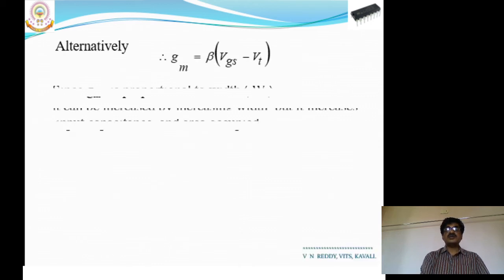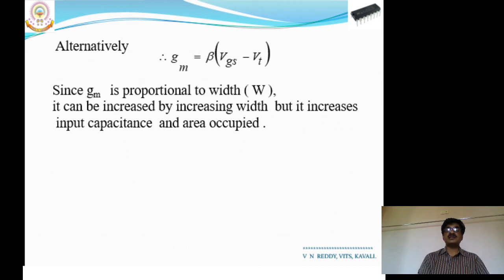Also you can express gm as beta of (VGS minus VT), where beta is KW by L. If you know thoroughly the drain current equation representation in terms of K, in terms of beta, in terms of Cg, in terms of COX, then you can easily understand the gm equation and its representation in different ways.